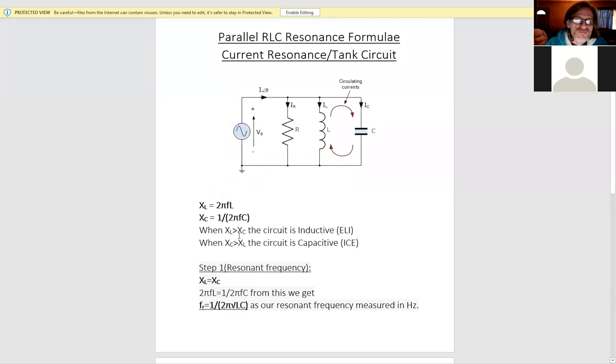Whenever the X of L, our inductive reactance, is greater than our capacitive reactance, we can state that the circuit will be more inductive. And when our capacitive reactance is greater than our inductive reactance, we expect the circuit to be more capacitive.